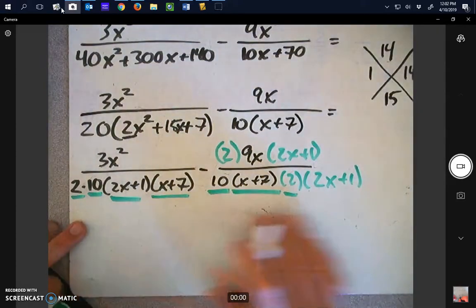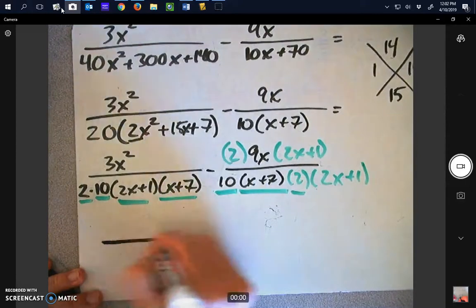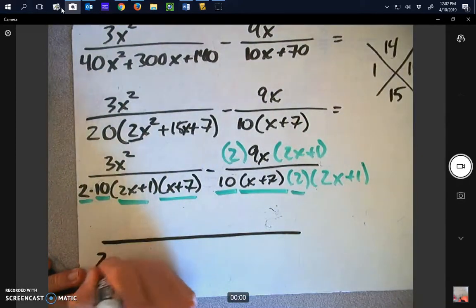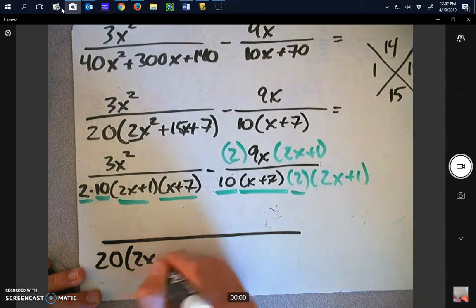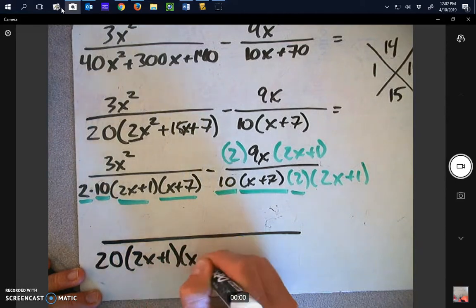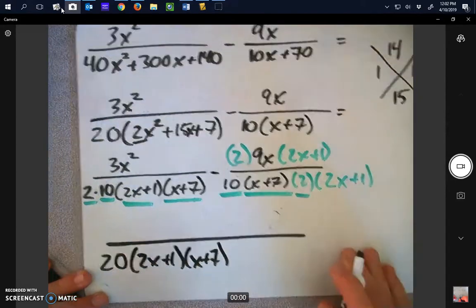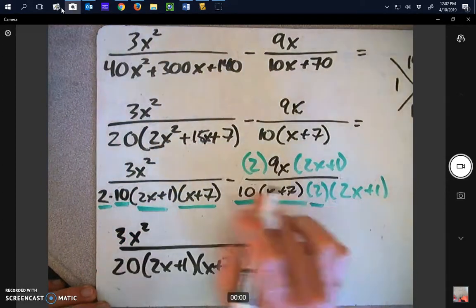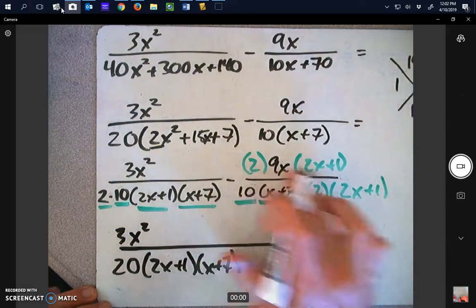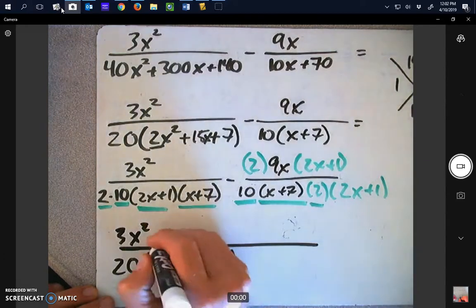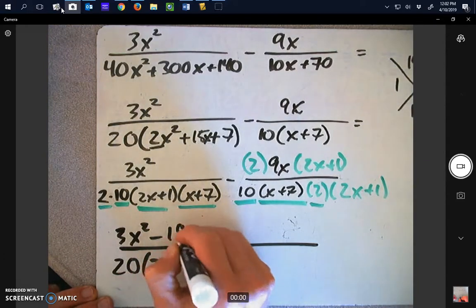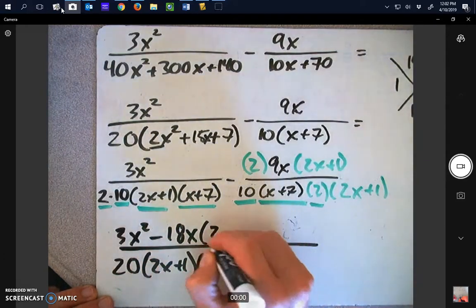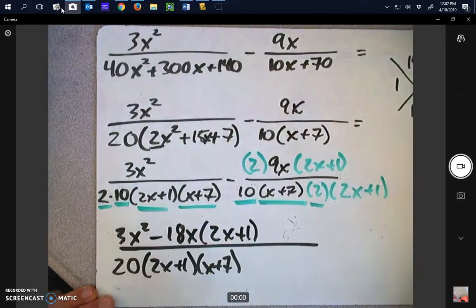All right, so now we just need to do some math. We have everything we need on both sides. So our denominator is set. It's going to be 20 times 2x plus 1 times x plus 7. And then we have a 3x squared. And then we have 2 times 9x is minus 18x times 2x plus 1.